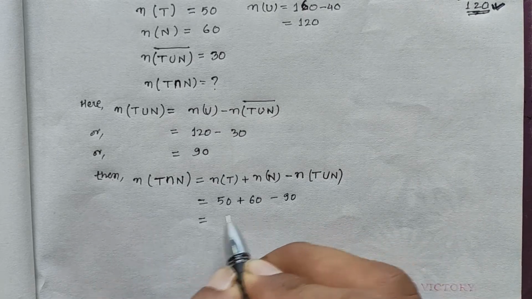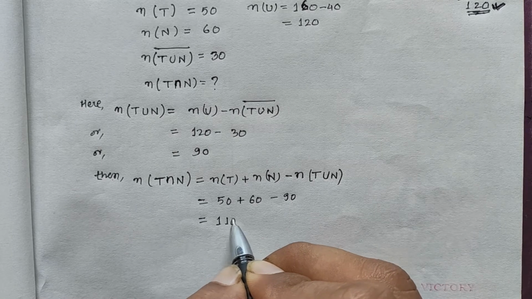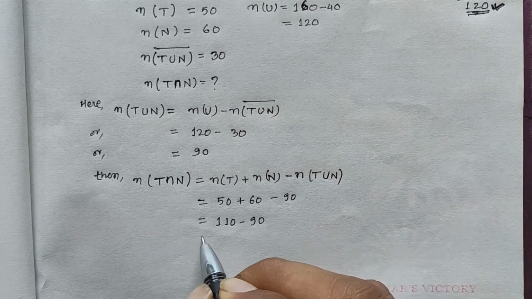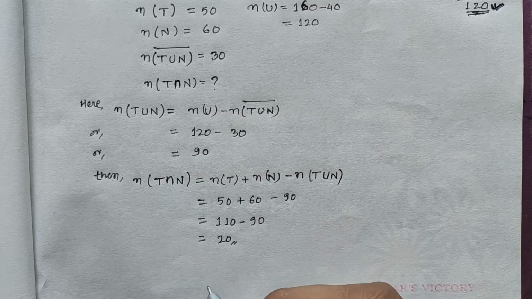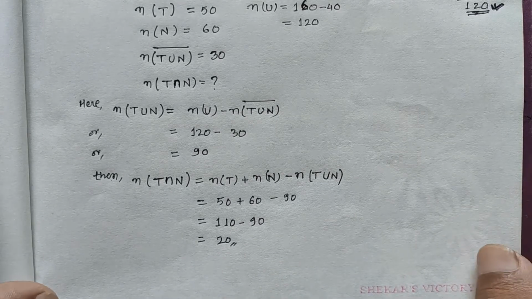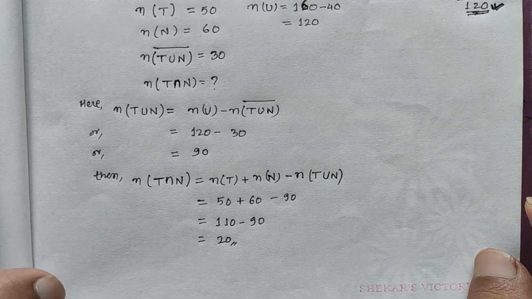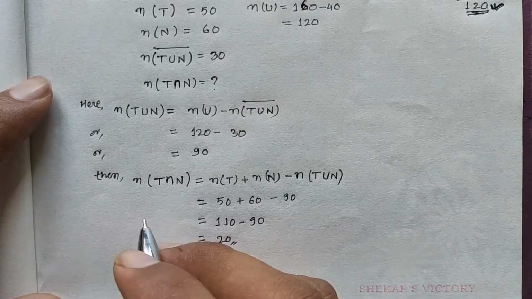So it becomes 110 minus 90, and the intersection part is 20. So that's your result.